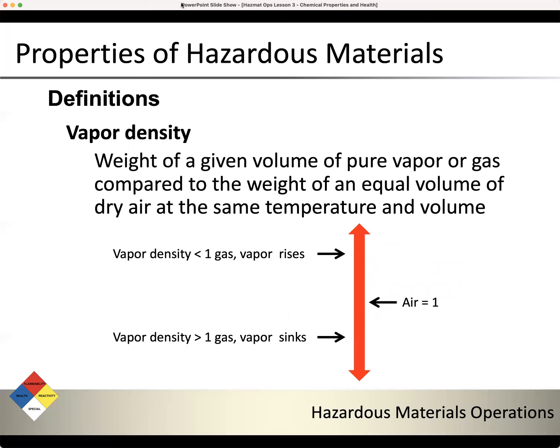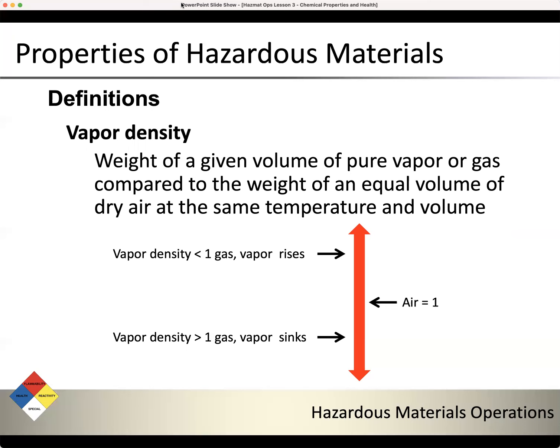Vapor density. Don't confuse vapor pressure with vapor density. Vapor density is the weight of a given volume of pure vapor or gas compared to the weight of an equal volume of dry air at the same temperature and volume. So all things being equal, volume, temperature, then we compare a gaseous chemical to air because we're surrounded by air.